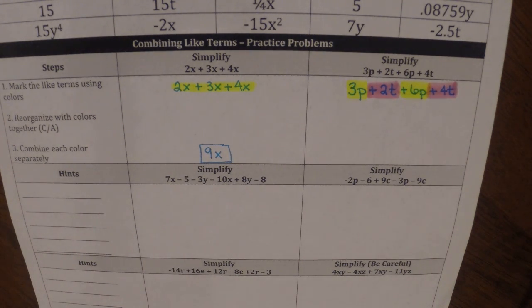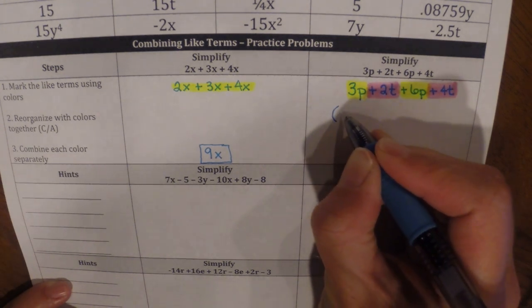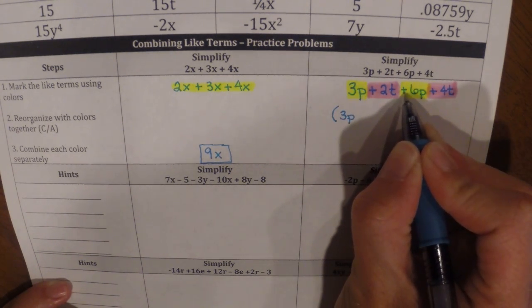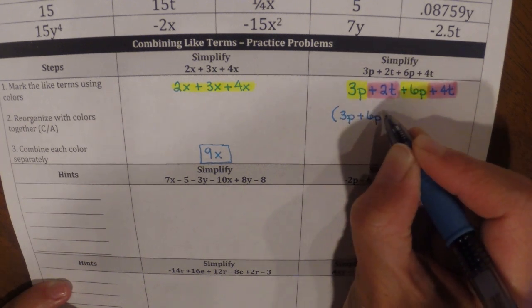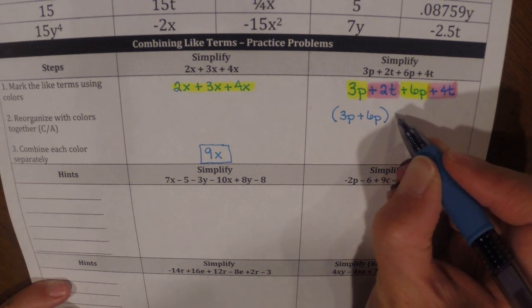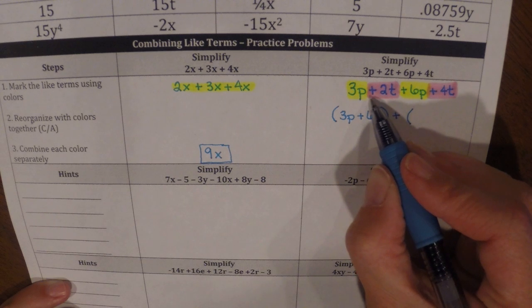So now it says reorganize, putting the colors together. So I'm going to just group my 3p, because that's yellow, and then my next yellow says plus 6p. So I'm going to put plus 6p. And I'm going to close that group. Okay. Then in between the groups, I would go ahead and put a plus, and then I'm going to do the next group. So plus 2t.